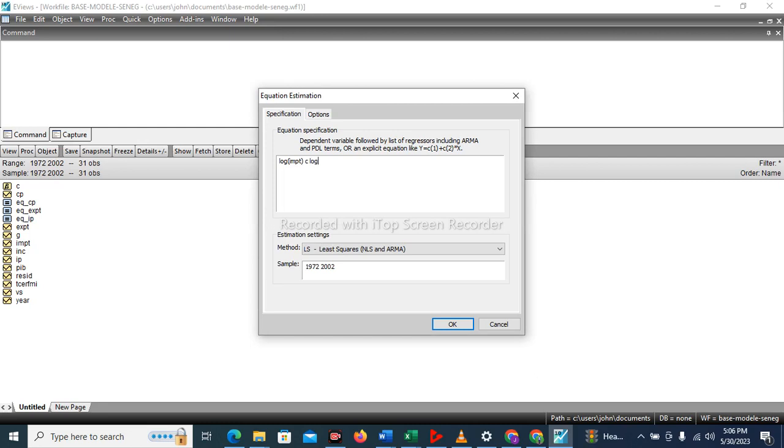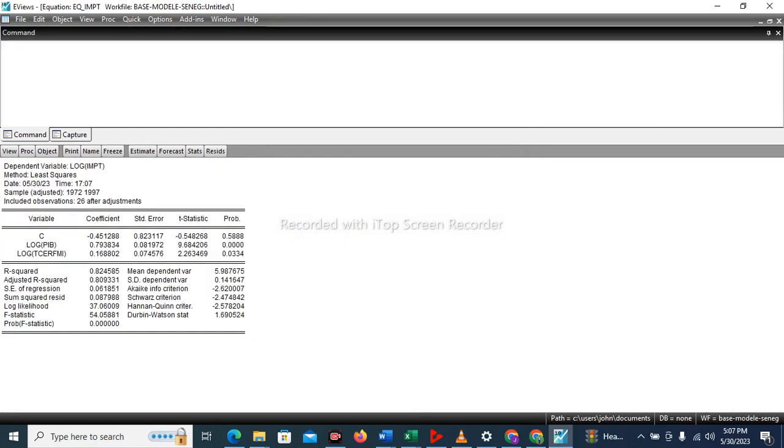So it's a function of gross domestic product PIB. Then it's also a function of real effective exchange rate and denoted as TSERF. That's it. And then click OK. Then you have the results of your equation.